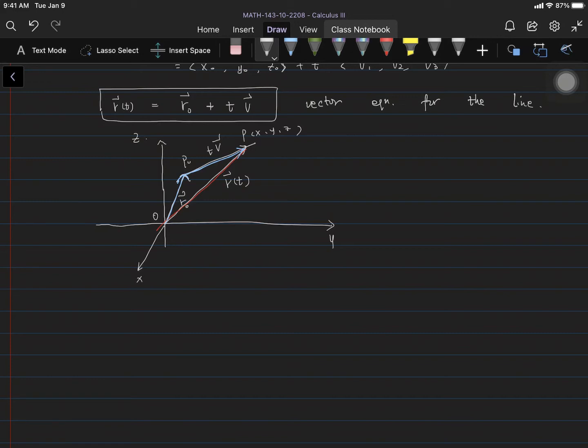Now let's take a look at an example. Find the parametrization for the line through a point parallel to a given vector.